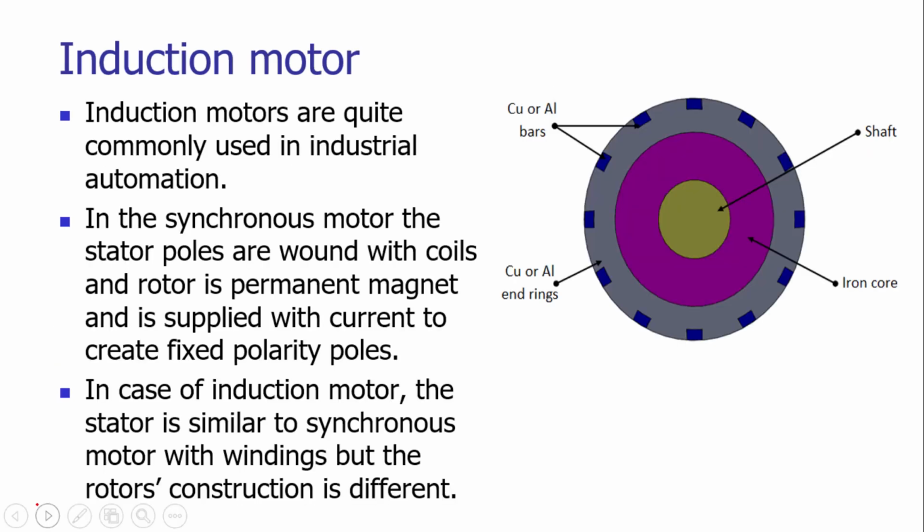The next variation is the induction motor. They are commonly used in industrial automation. We have seen that in the synchronous motor, the stator poles are wound with coils and the rotor is a permanent magnet, and we are applying alternating current to the fixed polarity poles of the stator.